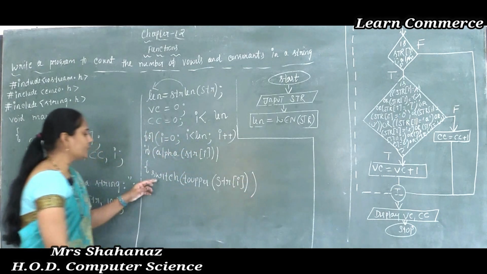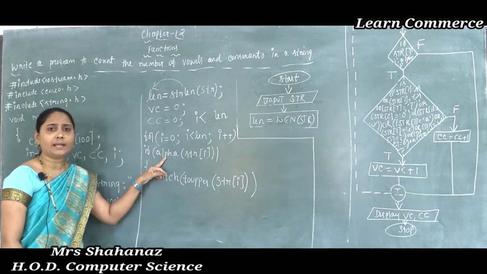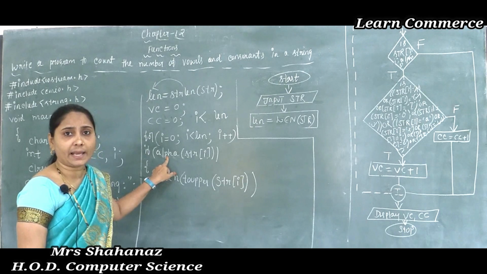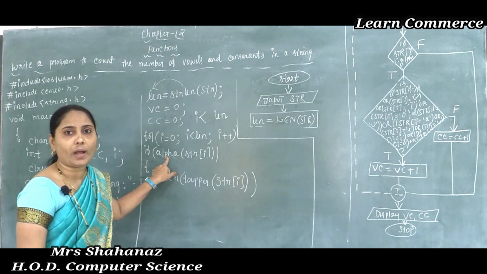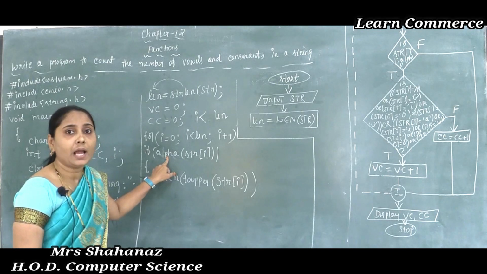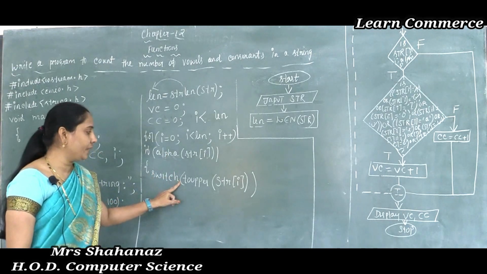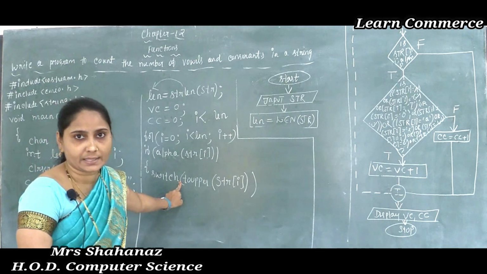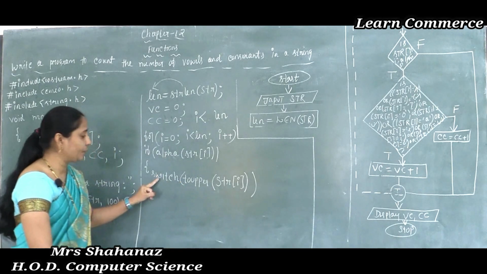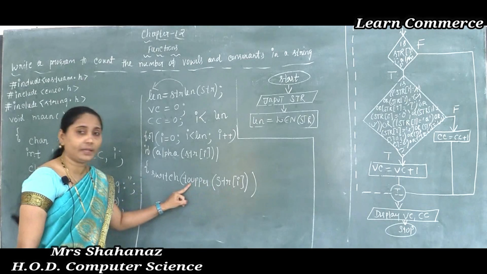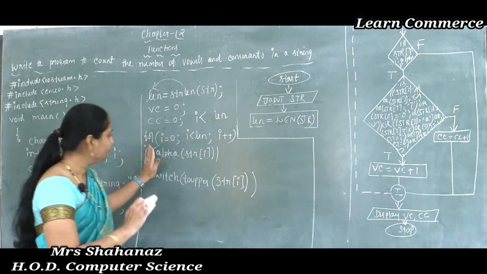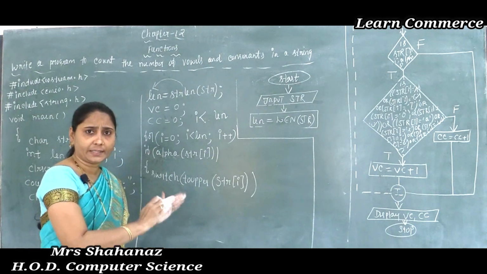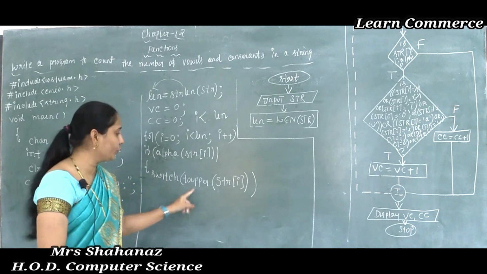The meaning of the isalpha line is that we check whether the character we are using is an alphabet. And the meaning of the next line is just converting the character to uppercase, that is, switch to upper str of I. After checking that the character is an alphabet, whatever the character is, it is converted to uppercase.